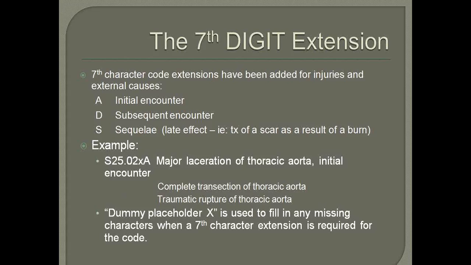For example, the treatment of a scar as a result of a burn, okay? So if you have a diagnosis code of a keloid scar, you're going to have to code that with the S extension as a late effect as a result of some type of a condition, okay?